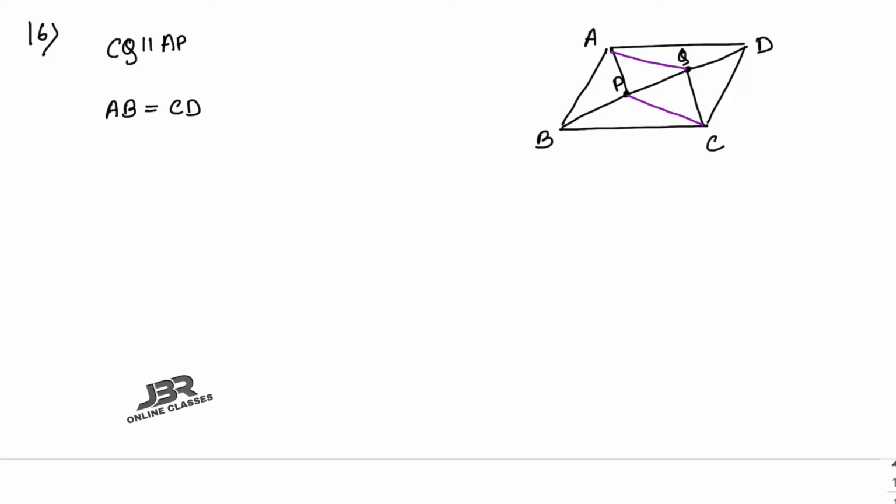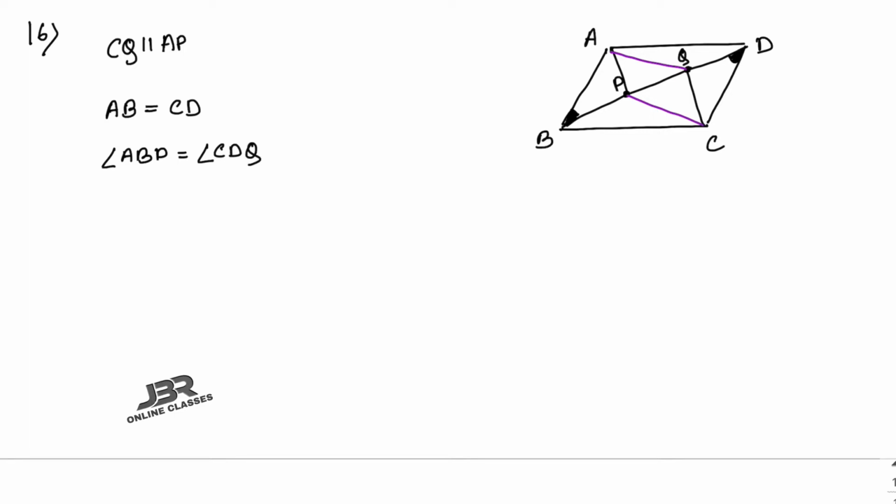Now the next thing: as AB and CD are parallel and BD is the transversal, definitely this angle is equal to this one. These two angles are equal. That means angle ABP is equal to angle CDQ.